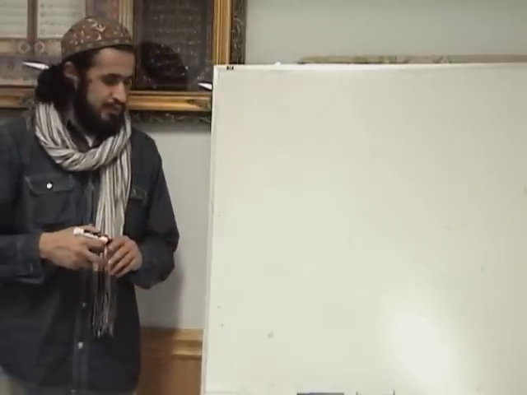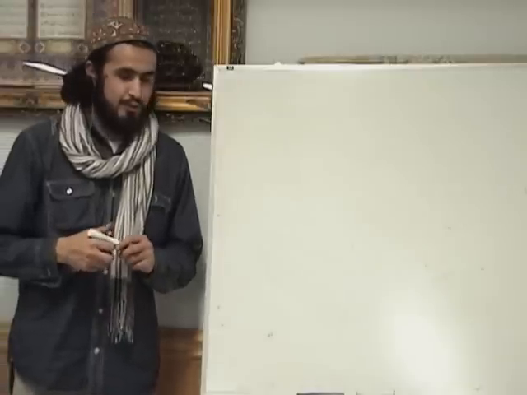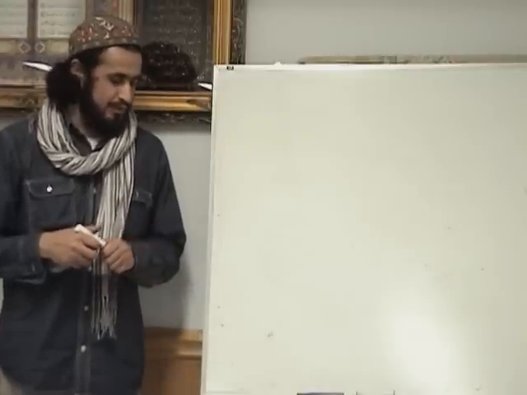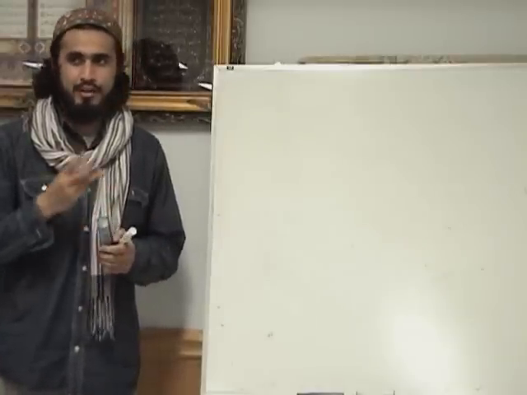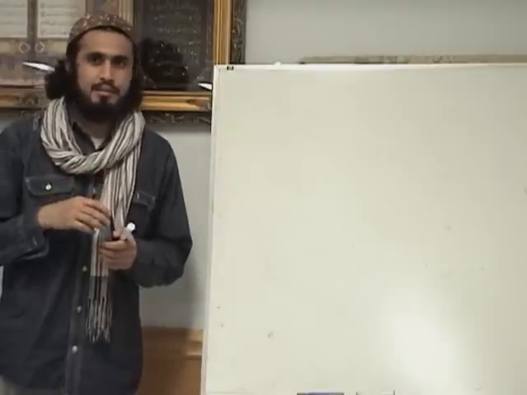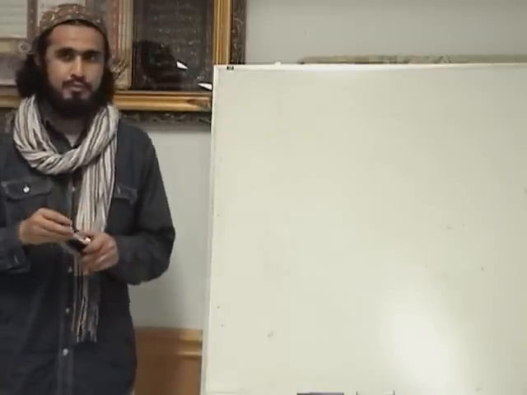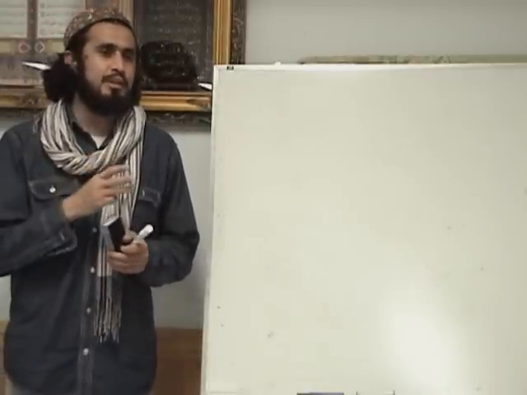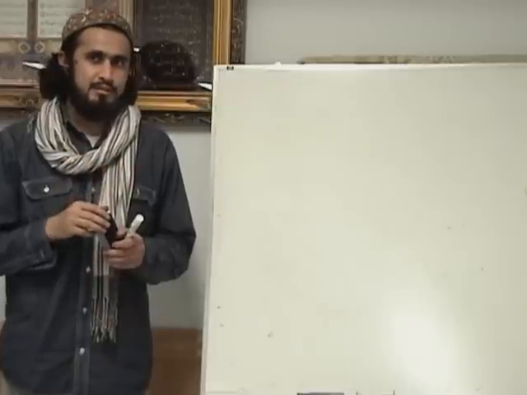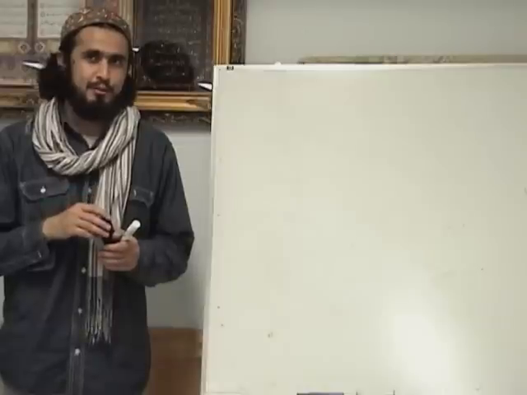So we will now start with al-fi'l al-thulathi, or the triliteral, or the fi'l that has only 3 letters, and that's the majority of verbs in Arabic. Most of the verbs in Arabic are like that.